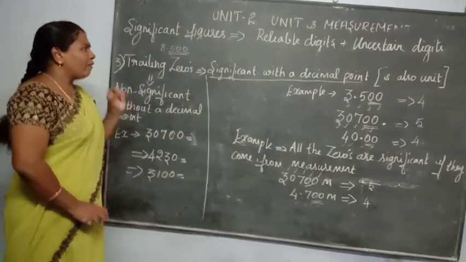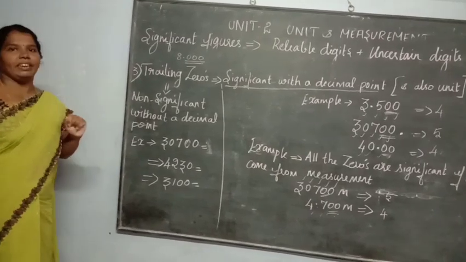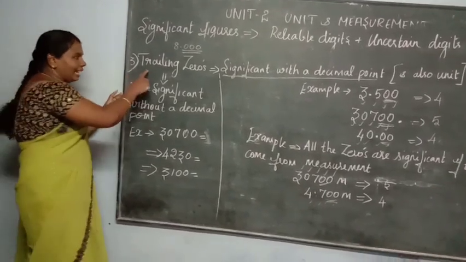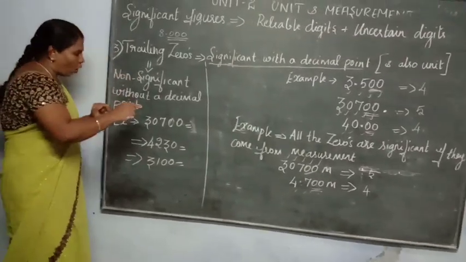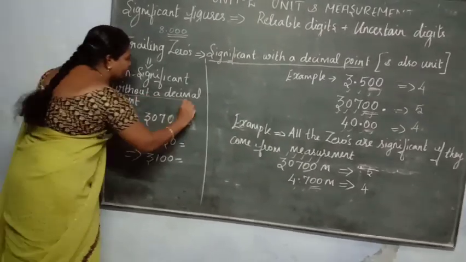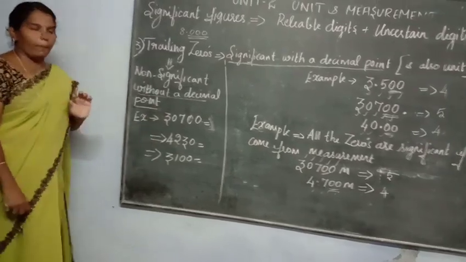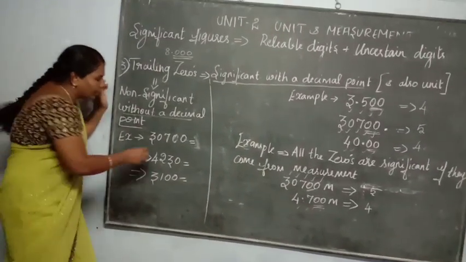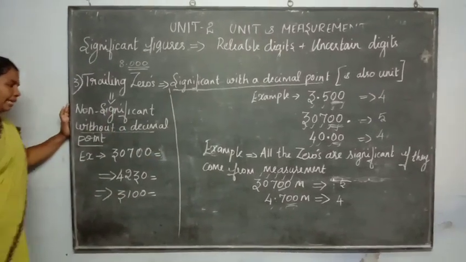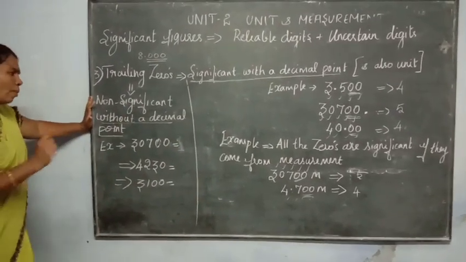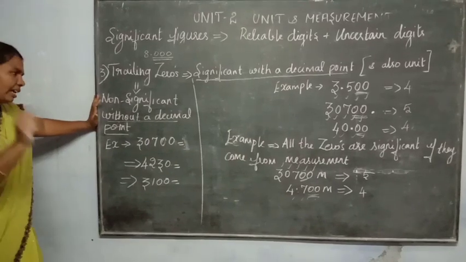Now, when will you say it is non-significant? The trailing zeros are said to be non-significant if they are followed without a decimal point. Underline this point: without a decimal point. For example, see here, 30700. This is the number given. They ask how many significant digits are in that.